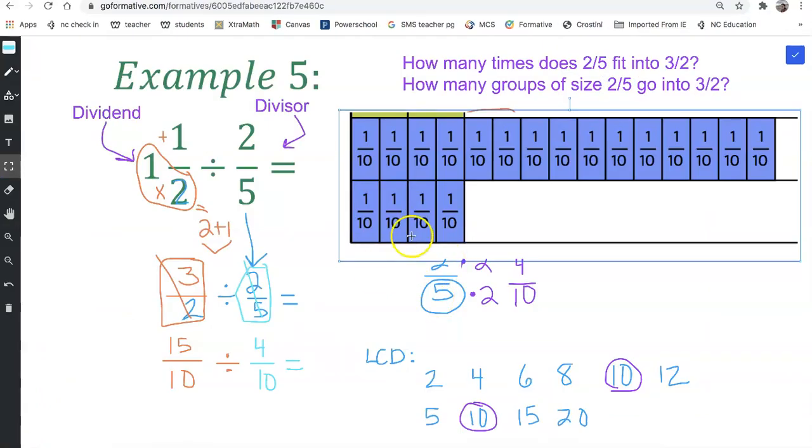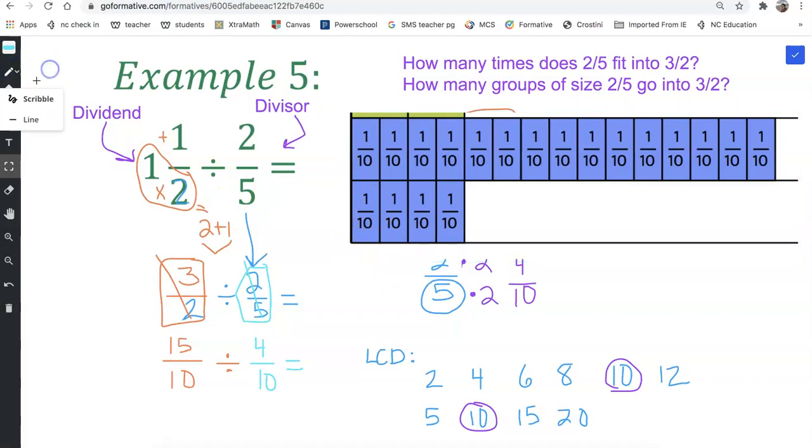And I went ahead and added this picture. And now I'm going to go to my rectangle, and I'm going to think about how many groups of size 4/10 go into 15/10. So there's one group of 4/10.